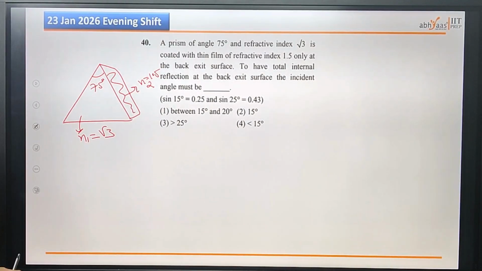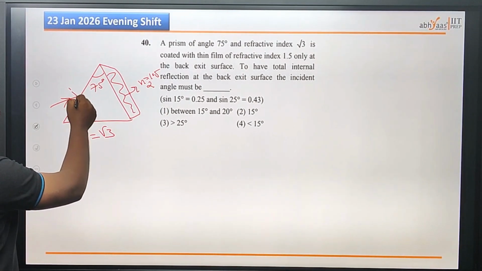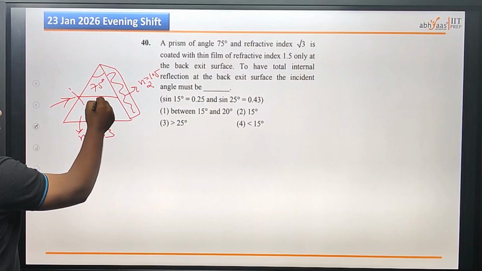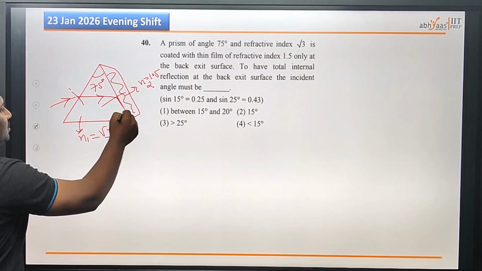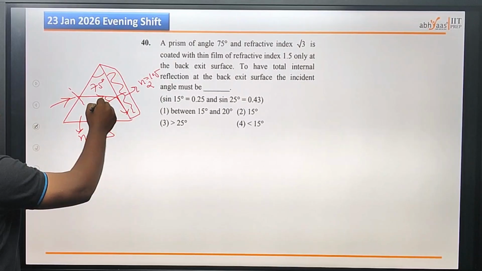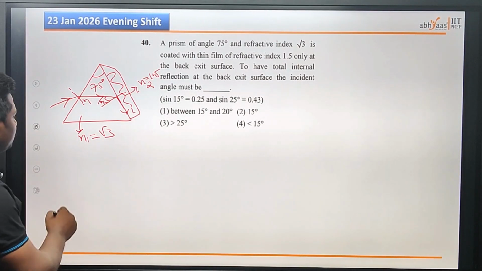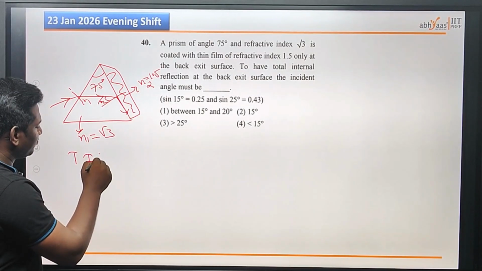So what is the incident angle? You have to find the R1 value. For total internal reflection, what is the condition?